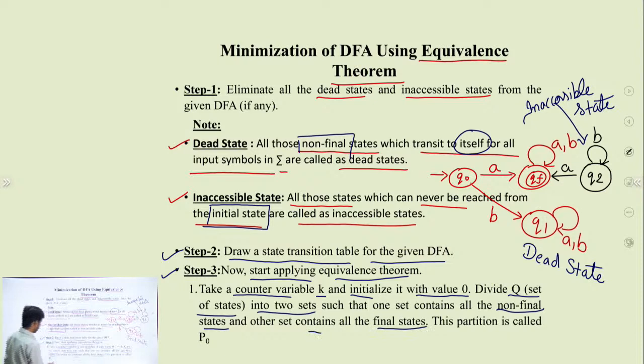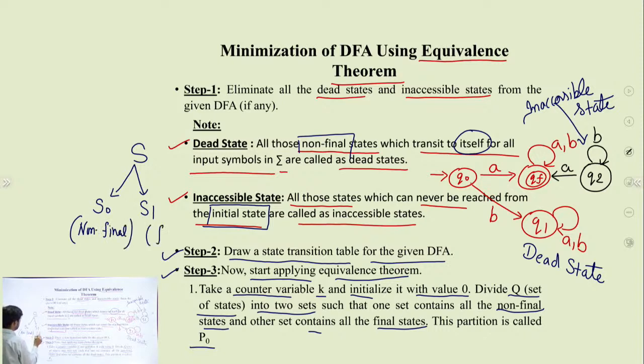This partition is called P0. Suppose there is a set S of states. We divide it into two sets, S0 and S1, where S0 contains all the non-final states and S1 contains all the final states, and this partition is known as P0.